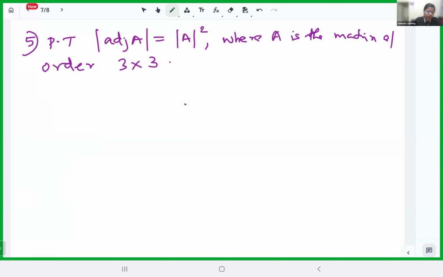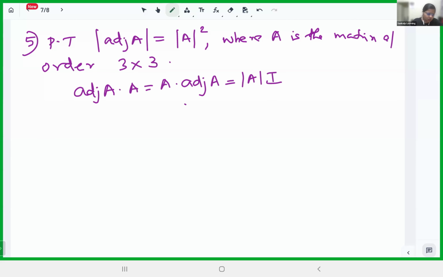Okay, how will you do that? You know a property: adjoint of A into A is equal to A into adj A, which is equal to determinant of A into I. Right? You know this one.